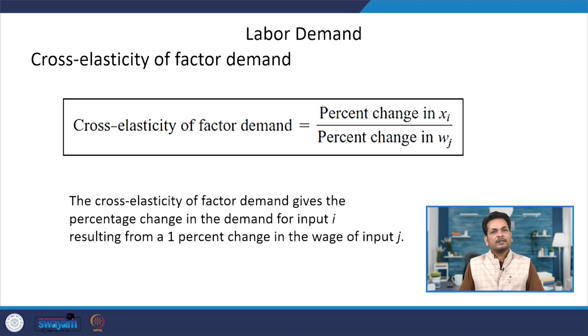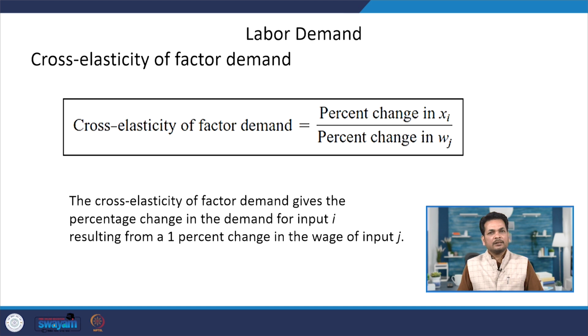Now, measuring how the demand for one input responds to the price of other inputs is called the cross elasticity of factor demand. So, to measure the sensitiveness of the demand for a particular input to the price of other inputs, we call it cross elasticity of factor demand.